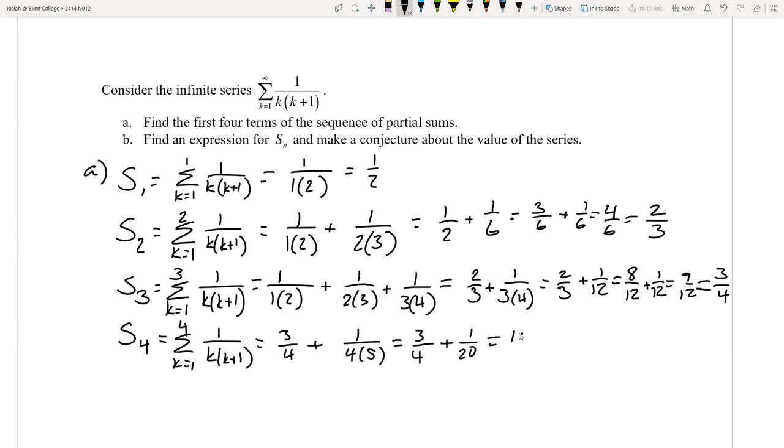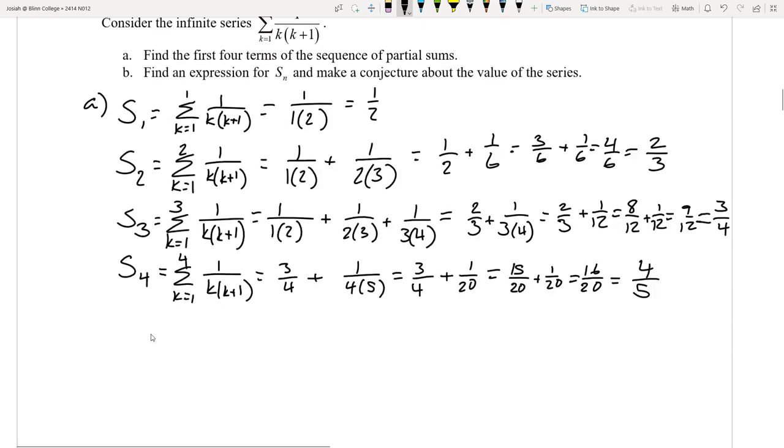We get 15/20 plus 1/20, which gives us 16/20, and so our end result is 4/5. So our sequence of partial sums looks this way: we've got 1/2, 2/3, 3/4, 4/5, and so on.